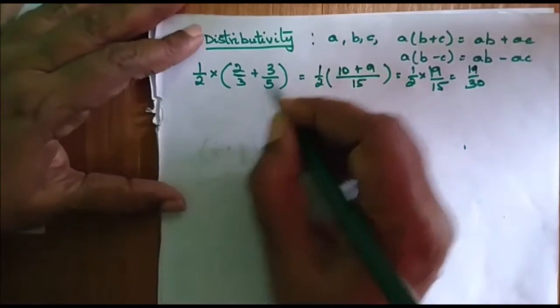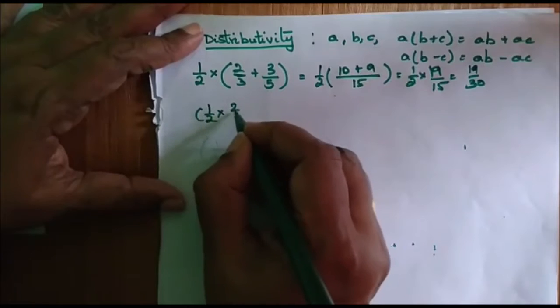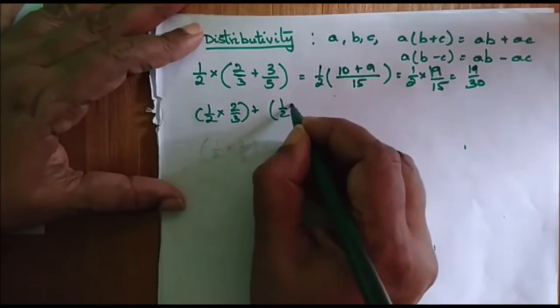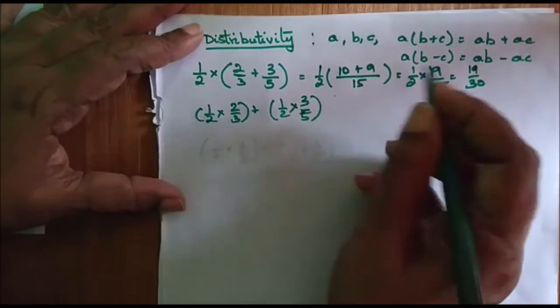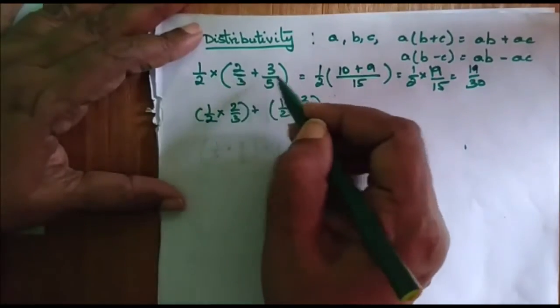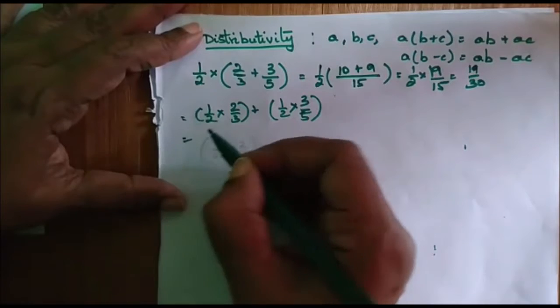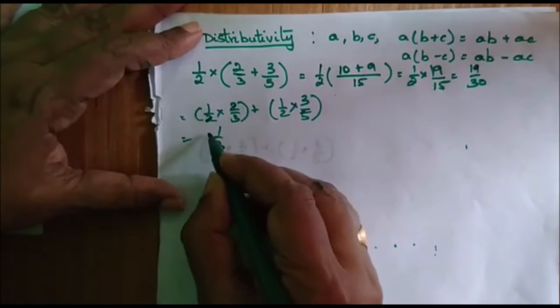Now what is the RHS? RHS is nothing but half into 2 by 3 plus half into 3 by 5. Okay, that is the AB plus AC. So half I am bringing inside the brackets. I hope you understood this step. So this is nothing but 1 by 3, the 2 gets cut.